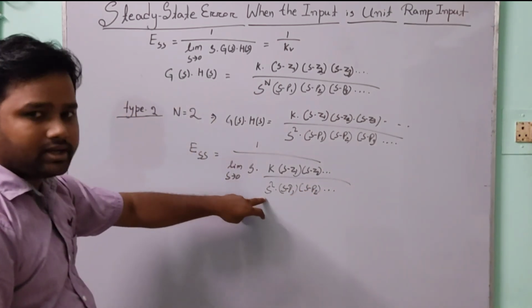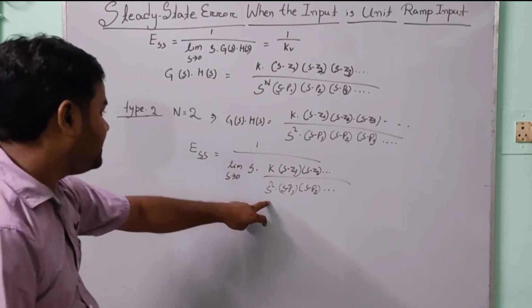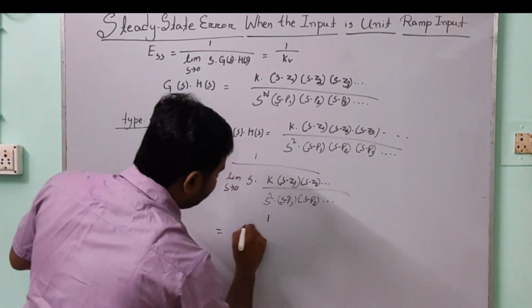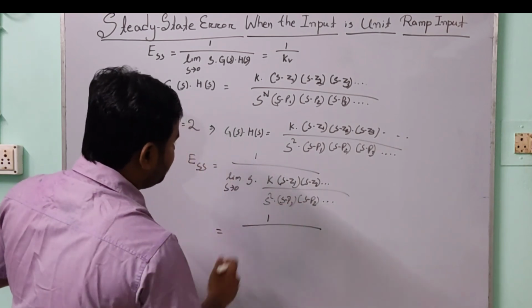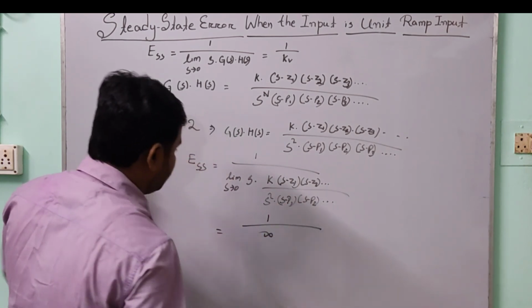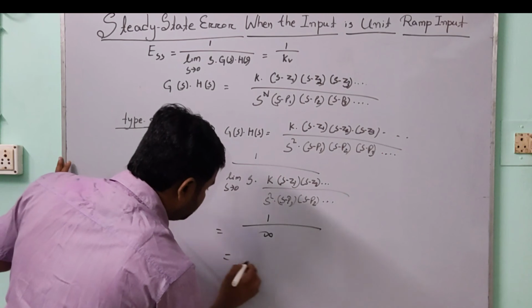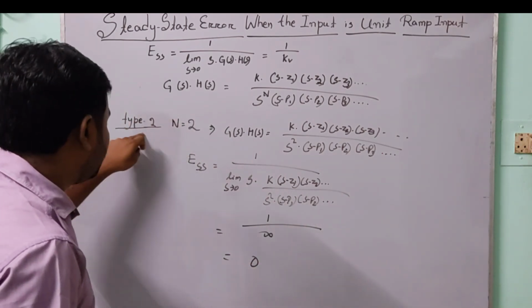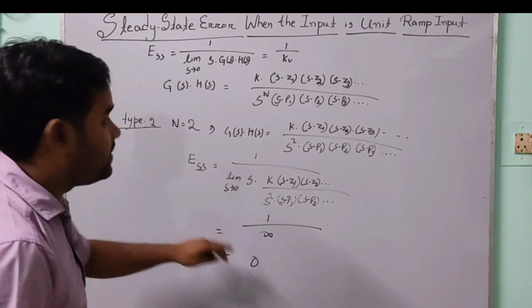Here s and s square, so 1 by s will be here. 1 by s means it is infinity. So ESS will be 1 divided by infinity, which is equal to 0. That means the error in the steady state for type 2 is 0 here.